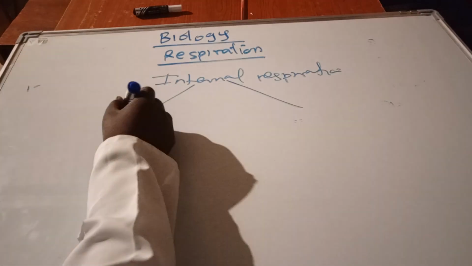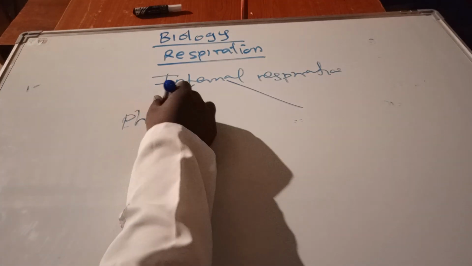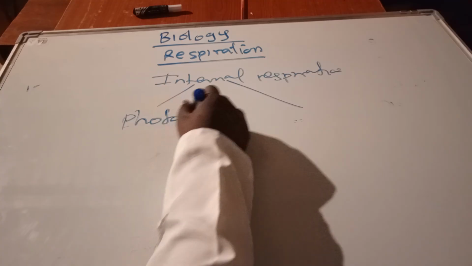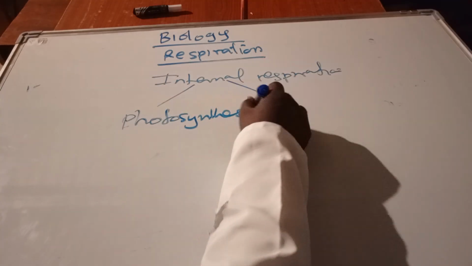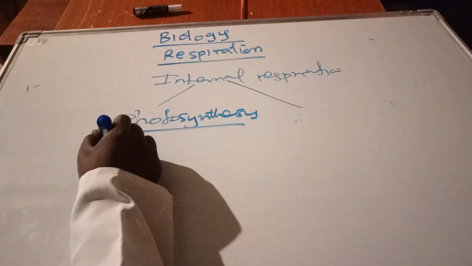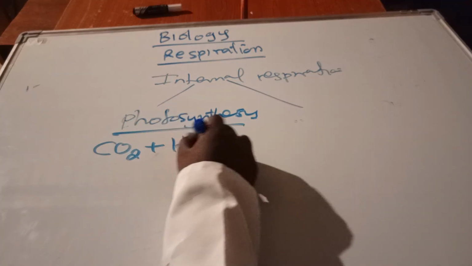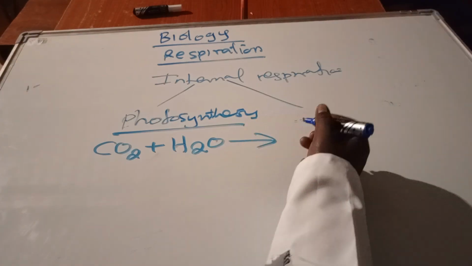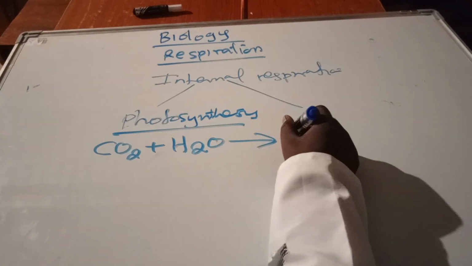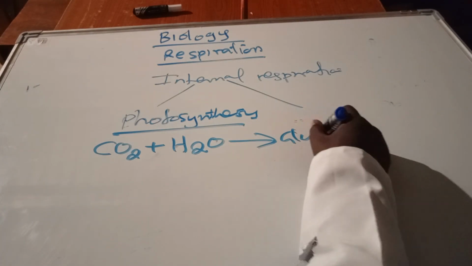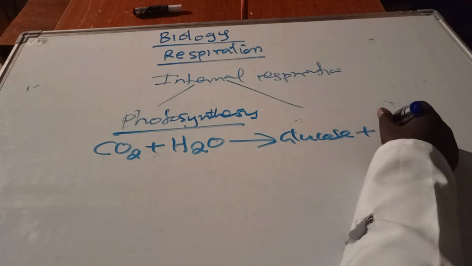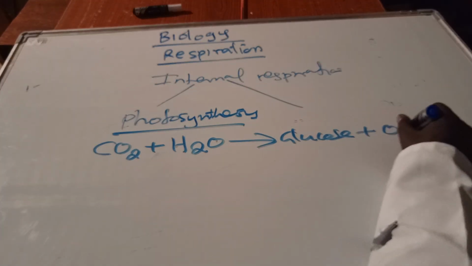For example, I will try to explain the word equation here. You know that the equation for photosynthesis is like this: carbon dioxide plus water gives us glucose plus oxygen.